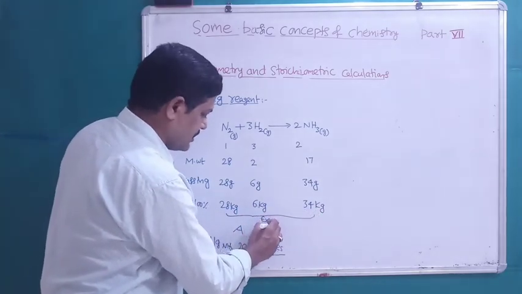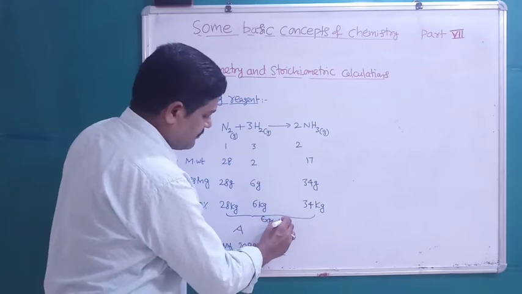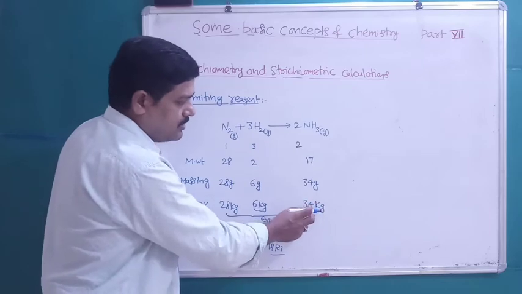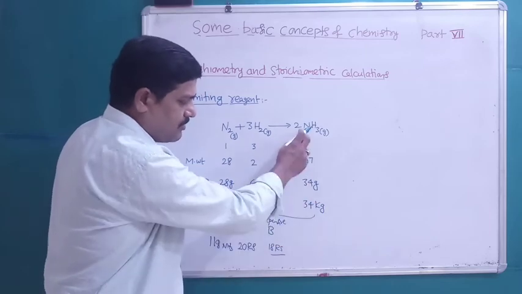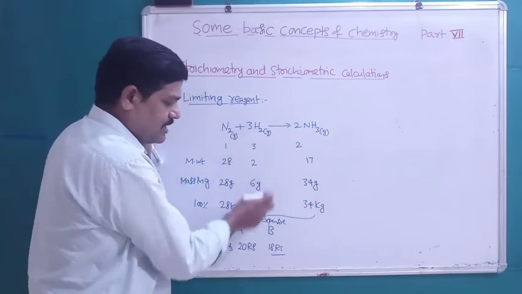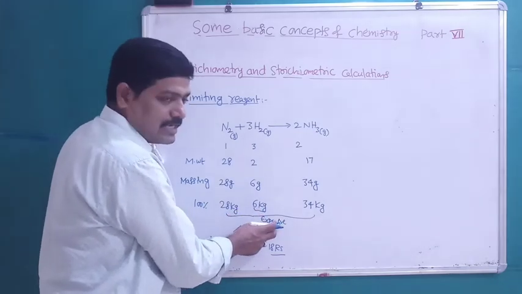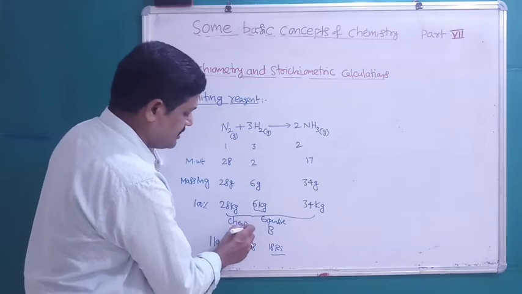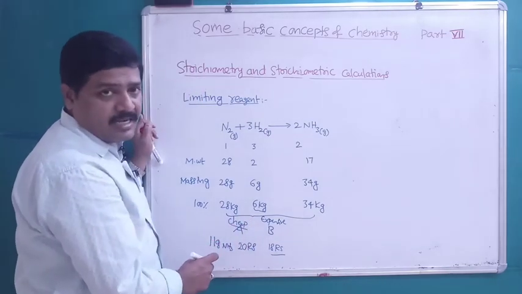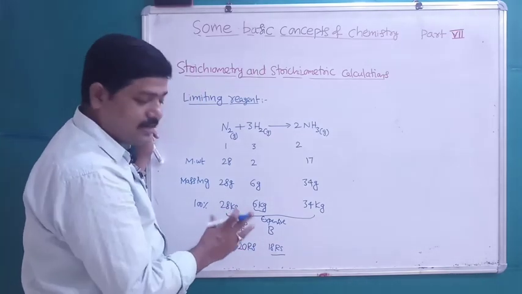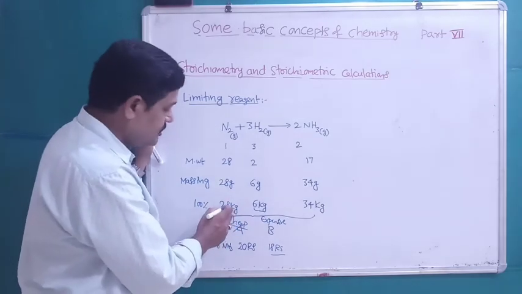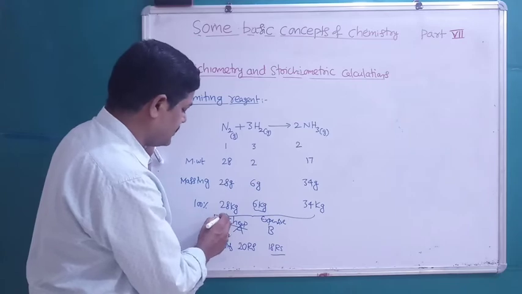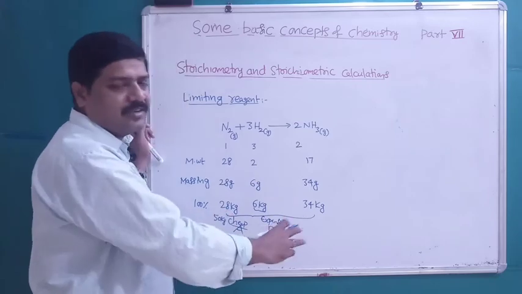So to reduce the production cost, the reactant which is expensive, we will take in the exact stoichiometric proportion. If you want to produce 34 kilograms of ammonia, I will take 6 kilograms of hydrogen, which is expensive, but nitrogen is cheaper, because 79% by volume of air is nitrogen. So instead of 28 kilograms, I will take 50 or 40 kilograms of nitrogen.